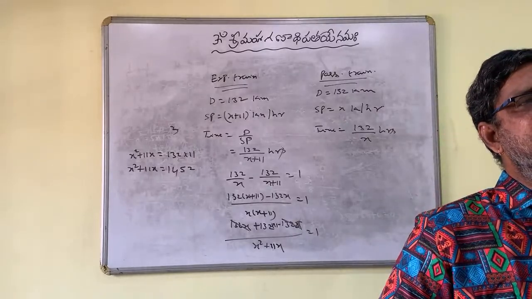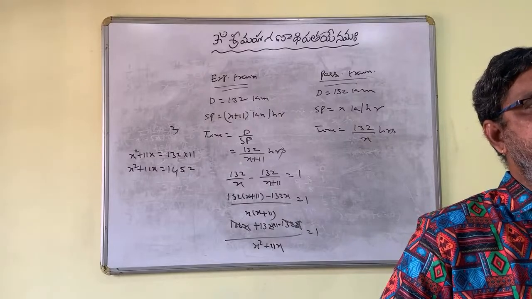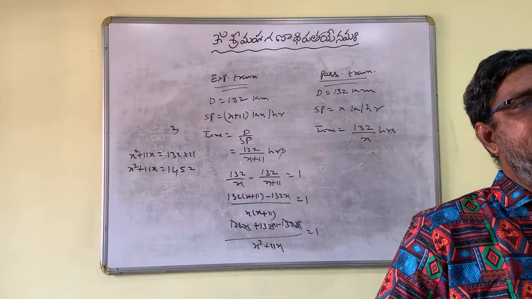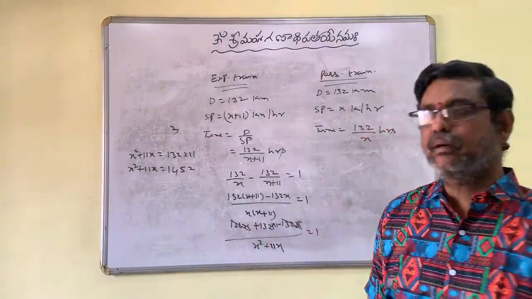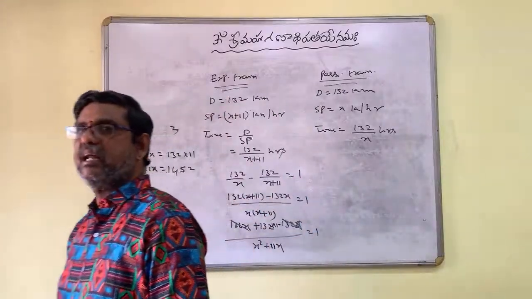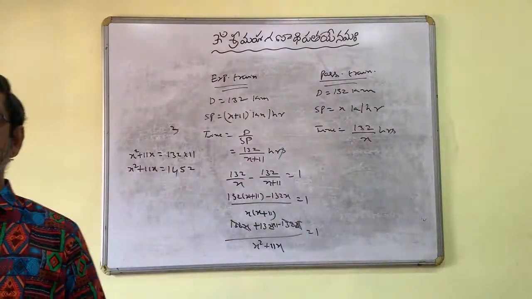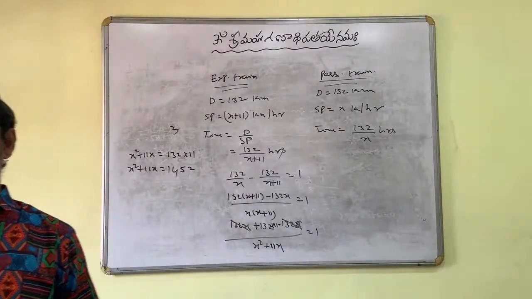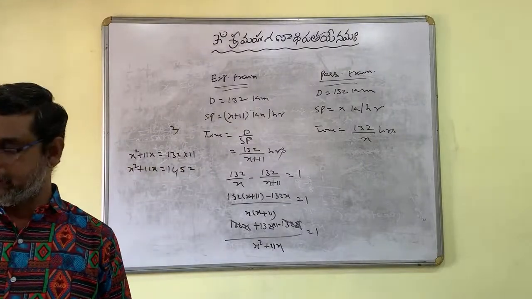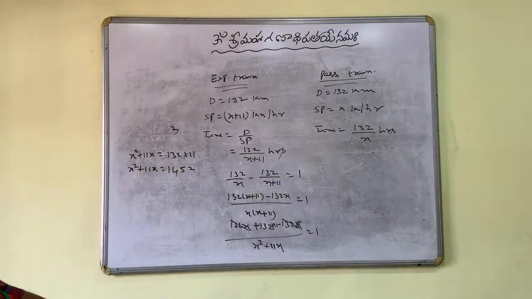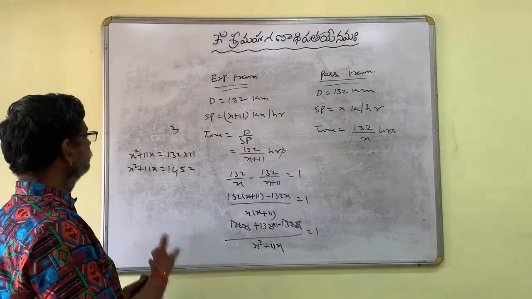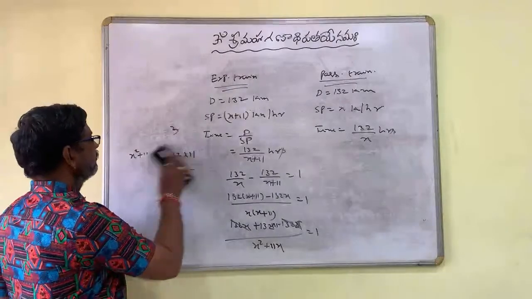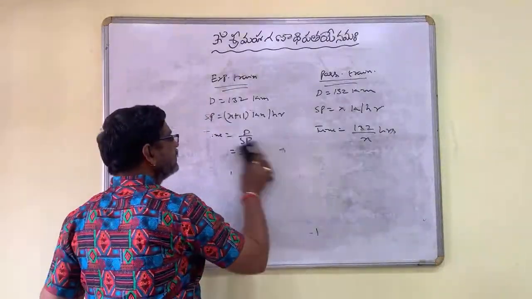Since the speed is less for the passenger train, it will take more time. So the difference between the time durations is 1 hour. So 132 by x minus 132 by x plus 11 is equal to 1 hour. That is what we have to write, and simplify. Now apply the quadratic formula to find the value of x. Last question in this exercise.